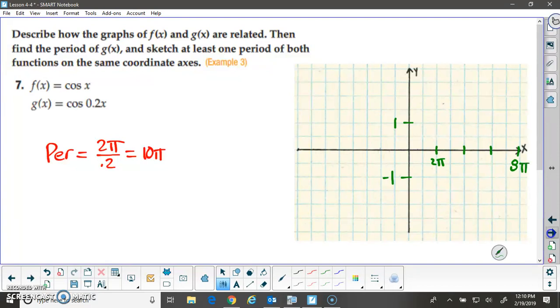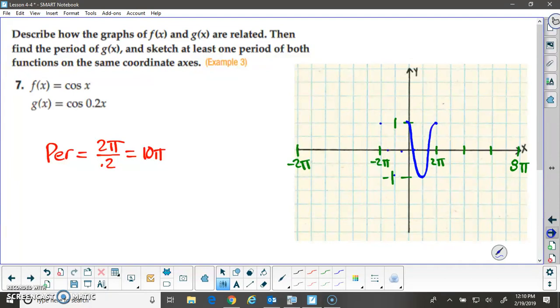Make that 8 pi. So if I graph just a basic cosine wave, I have to draw one cycle in between 0 and 2 pi. So there's a basic cosine wave.